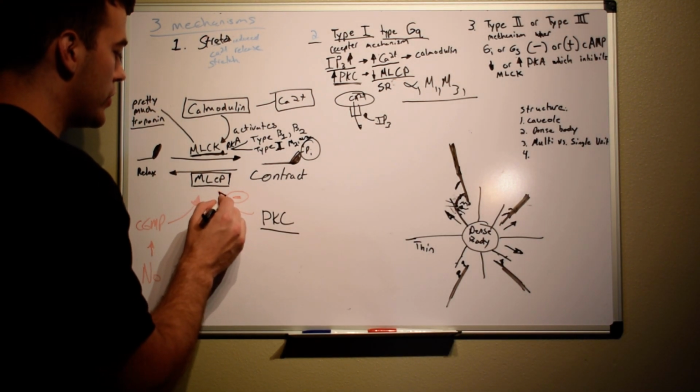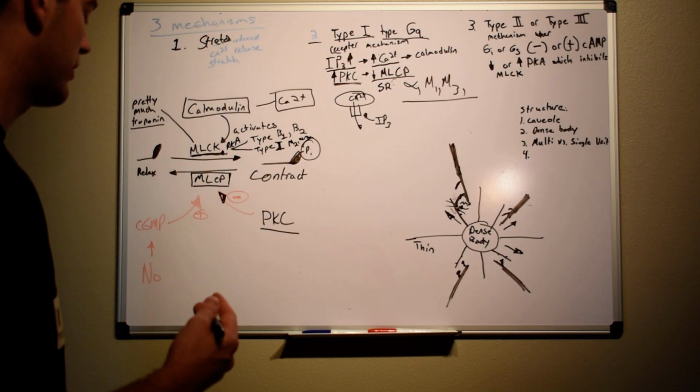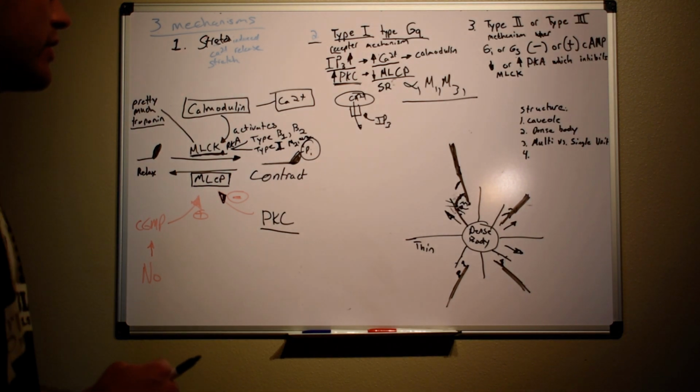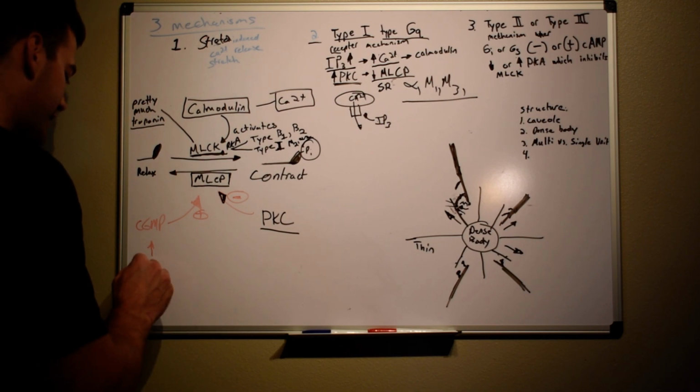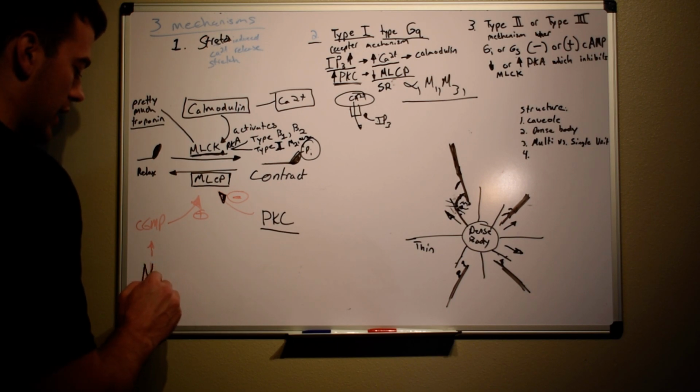What if we just want to relax it? Okay? That's a really good question. And the way we get around this is we have a chemical messenger called nitric oxide, NO.